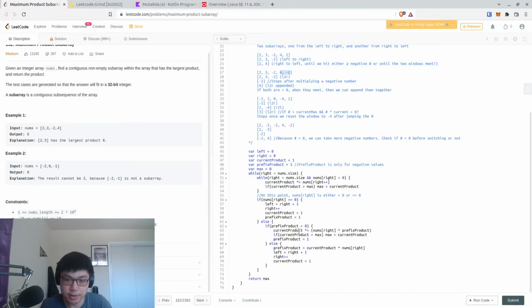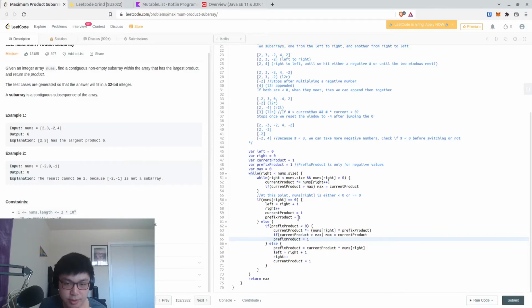So our current product is going to be 4 times -2, which is -8, times -12, which is positive 96. 8 times 12, yeah, 96. Positive 96, which is now a new max. And then we reset our prefix product because now we have a positive number.